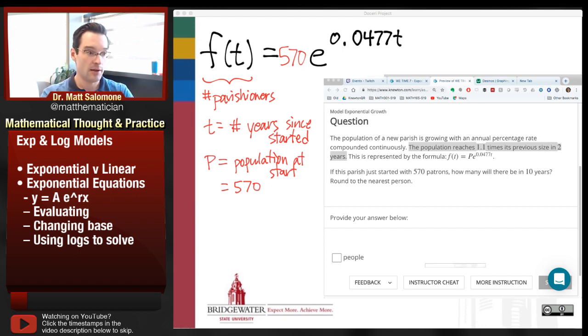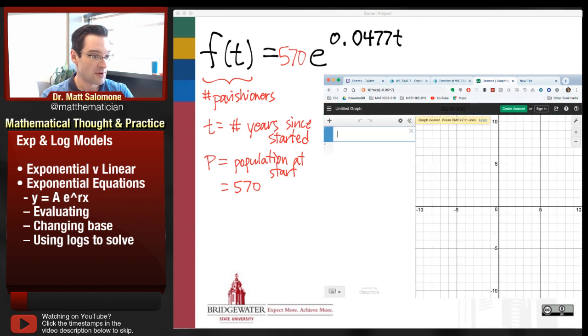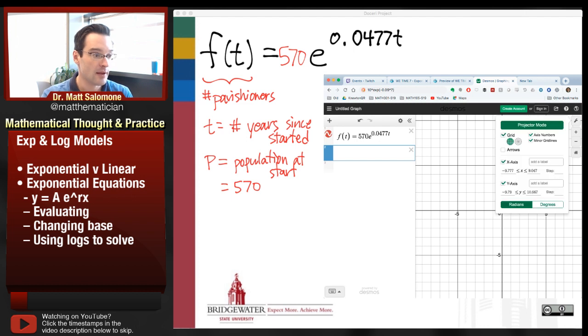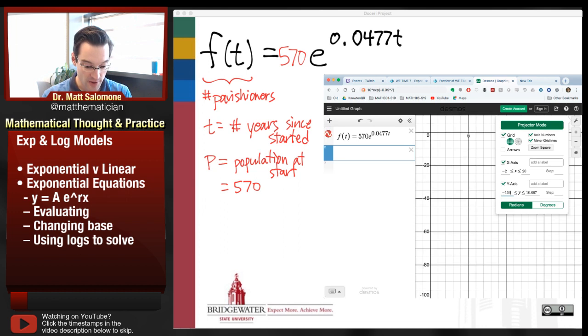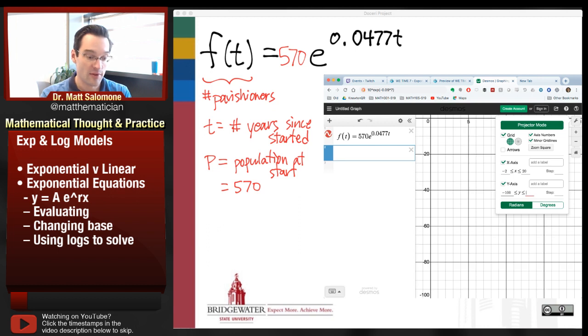Now this is our function. Let's look at a graph of this function. I'm just going to open up a blank graph in our Desmos graphing calculator. F of t equals 570 times e to the power 0.0477t. I type that in and I zoom to a reasonable viewing window here, maybe negative 100 to 2100, or maybe just 1500, 1600.